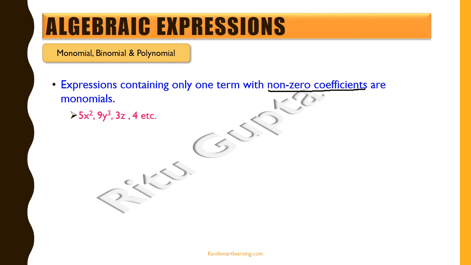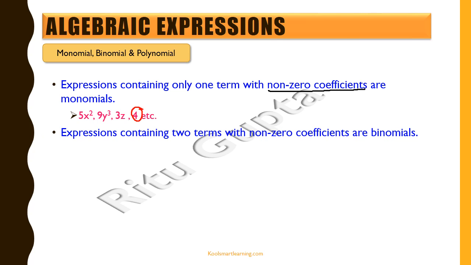So terms like 5x square, 9y cube, 3z, 4, etc. are all monomials. And note here that even 4 is a monomial, although it does not have a variable, because it is one term with a non-zero coefficient.